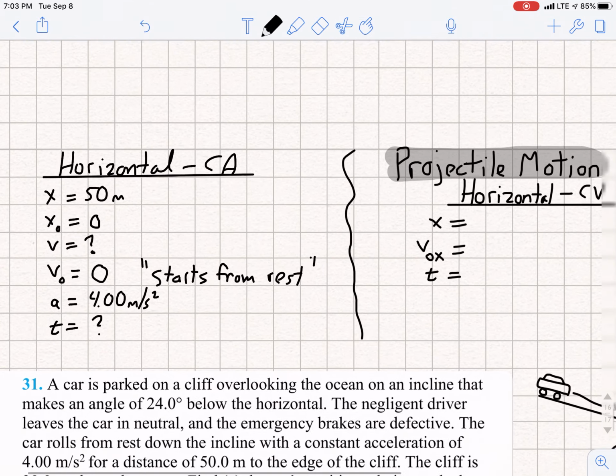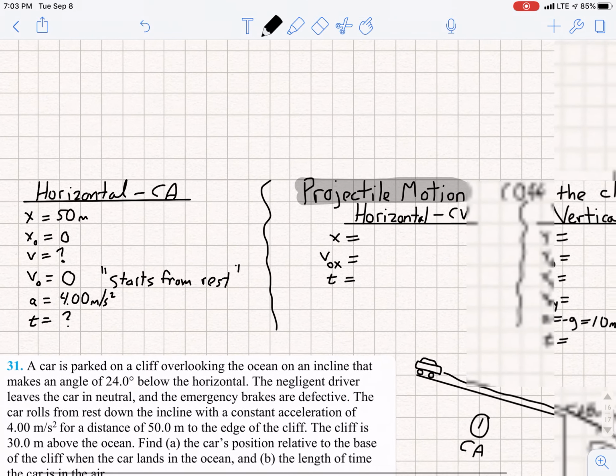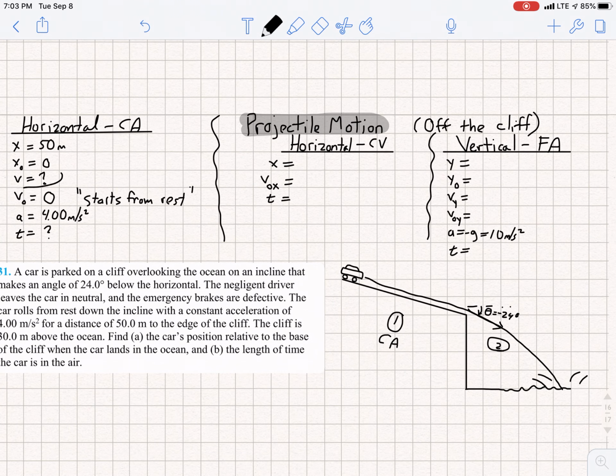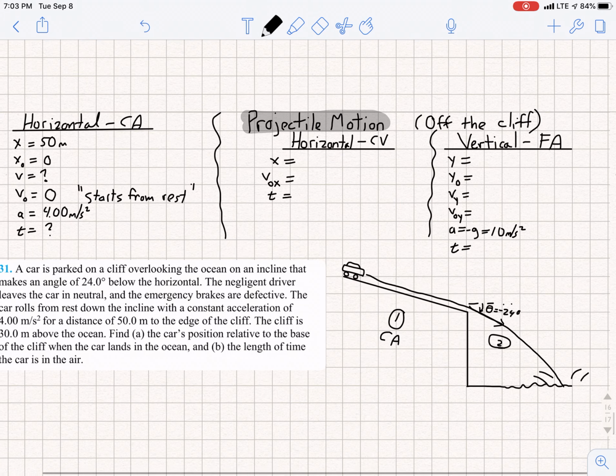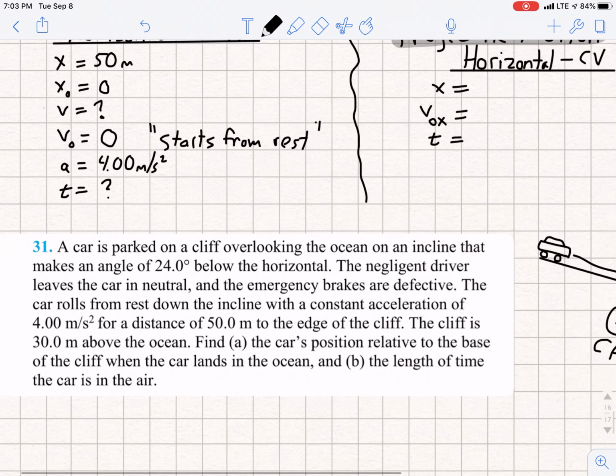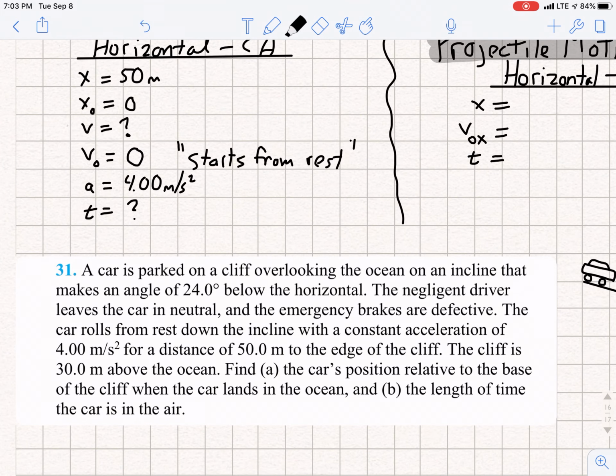One thing to consider: the velocity off the edge, this final velocity, that's the same as the initial velocity over here off the edge of the cliff. So we definitely want to find that final velocity off the edge. So let's take a look at that. I'm looking for an equation that would help me with this list of variables to find that velocity.